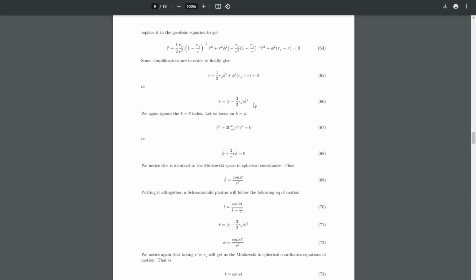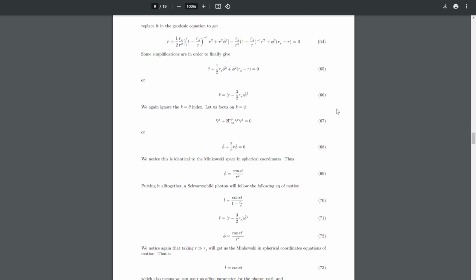We will see this a little bit later. So it's extremely similar to the equations of motion described by a photon that is following a straight path in Minkowski space, but we'll see that just a little bit later.